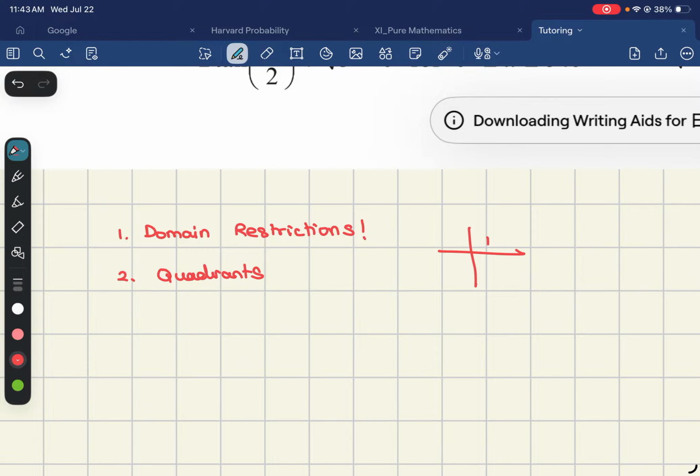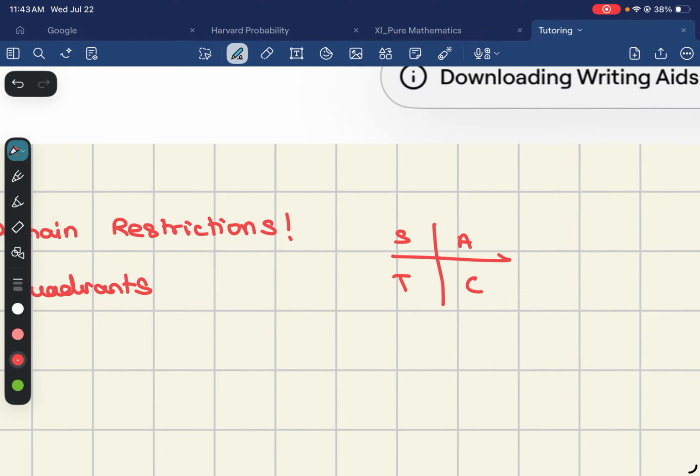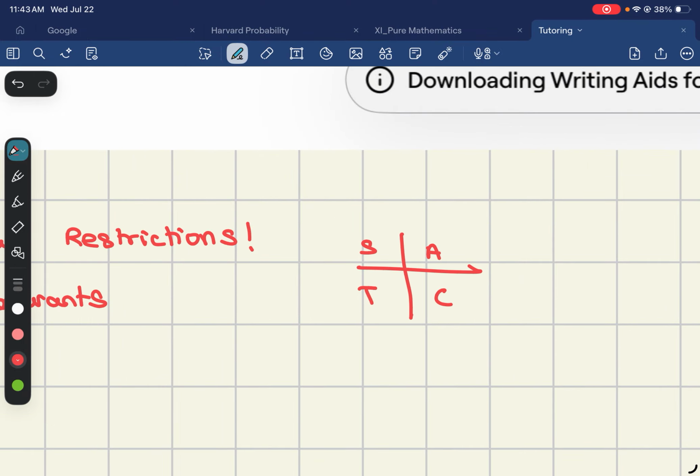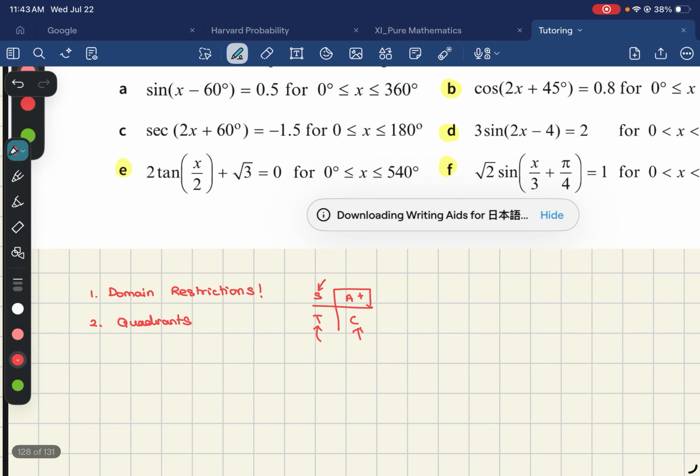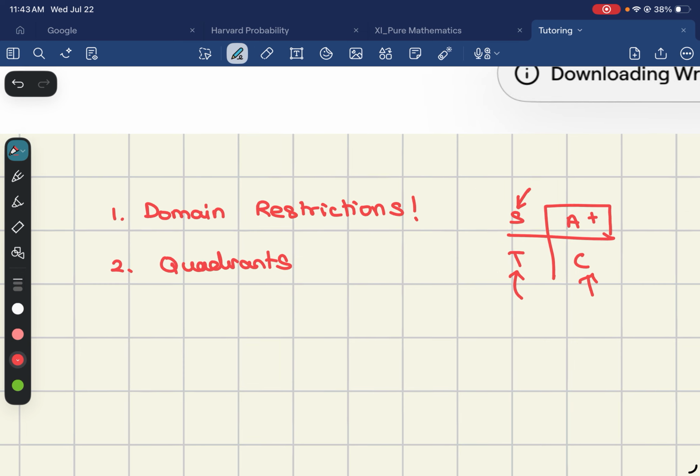If you remember ASTC, all students take coffee, all students add sugar to coffee or something. All trig functions are positive in the first quadrant. Sine and cosecant are positive in the second quadrant. Tan and cotangent are positive in the third quadrant. Cos and secant are positive in the fourth quadrant. All right, so that is what you need to remember, your quadrants.